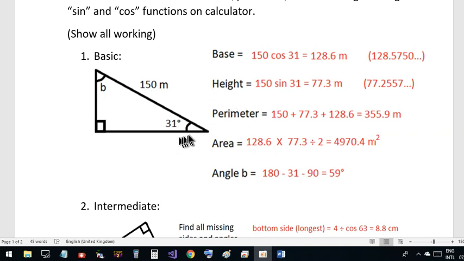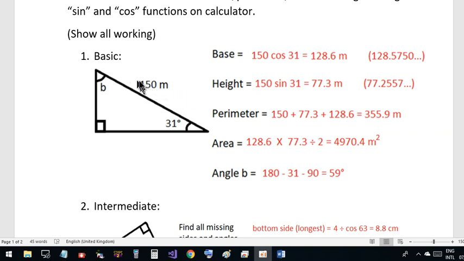Next thing is to work out the height. We need the base along the bottom and the height of a triangle in order to work out the area, and we also need them for the perimeter all the way around the outside as well. If we use the bit that we were given originally, ignore this bit over here. We need to deal with the long side that has been given.